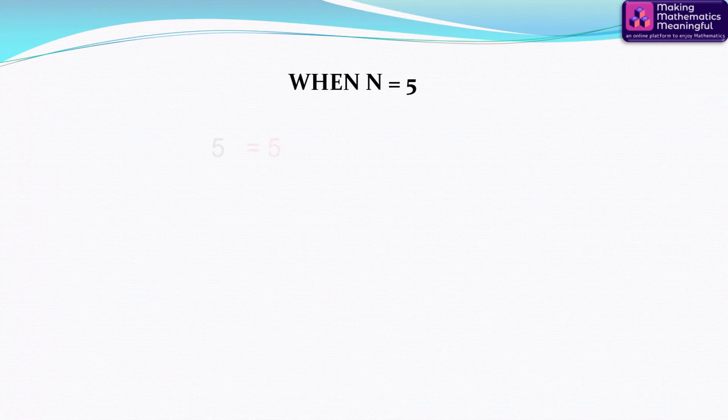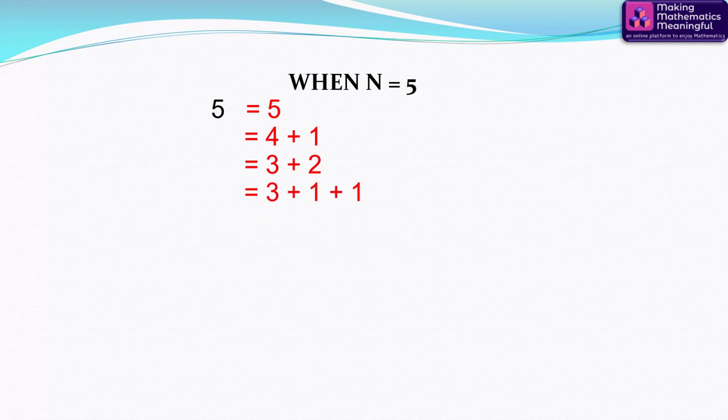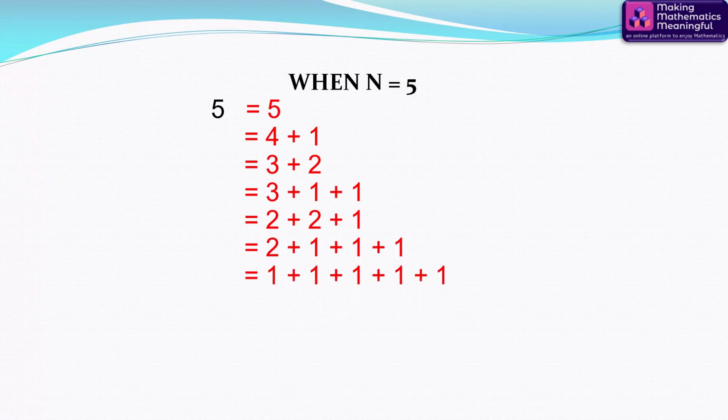Let's check it out. 5 can be written as 5, and as a decreasing sequence it can be written as 4 plus 1, 3 plus 2, 3 plus 1 plus 1, 2 plus 2 plus 1, 2 plus 1 plus 1 plus 1, and 1 plus 1 plus 1 plus 1 plus 1. So that we have p of 5. There are a total of 7 possible different ways. So, it is 7.